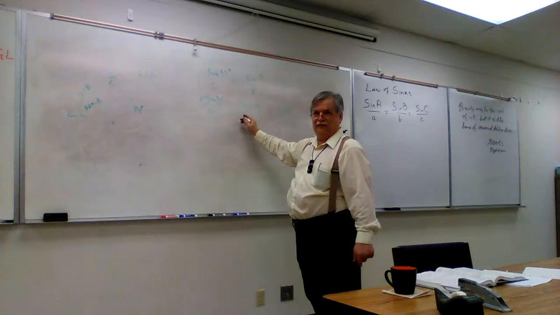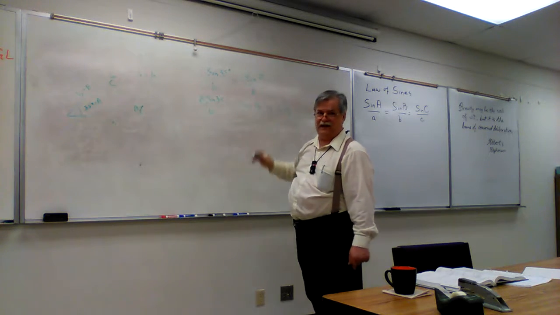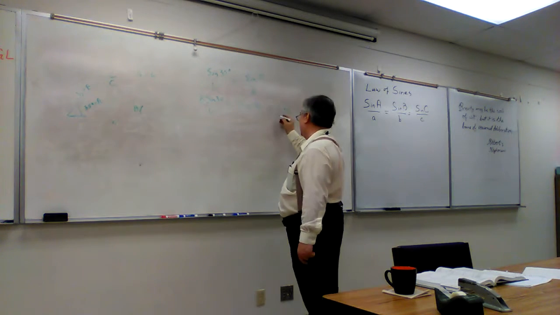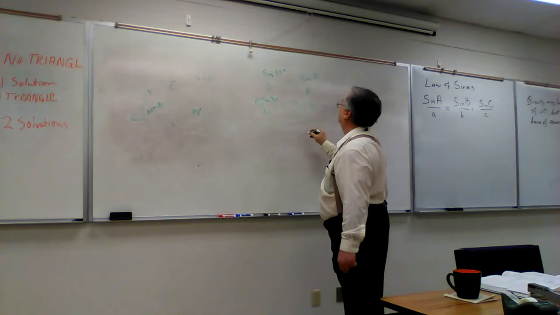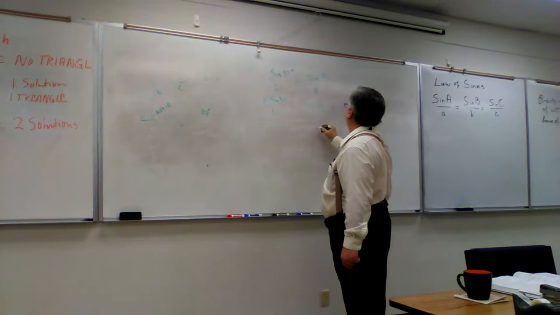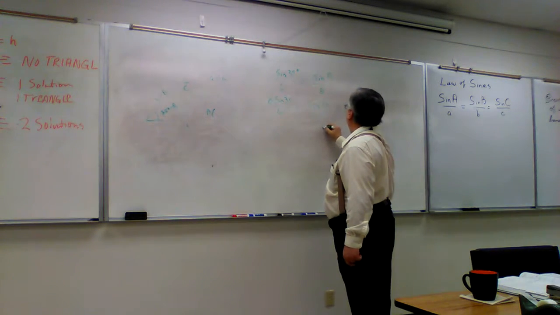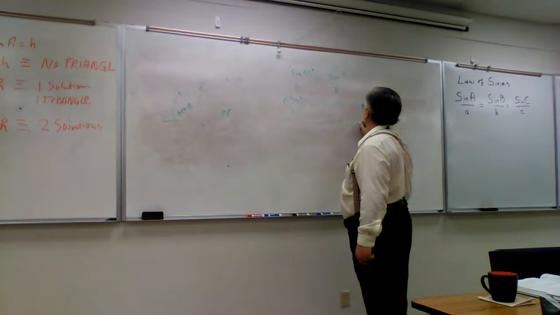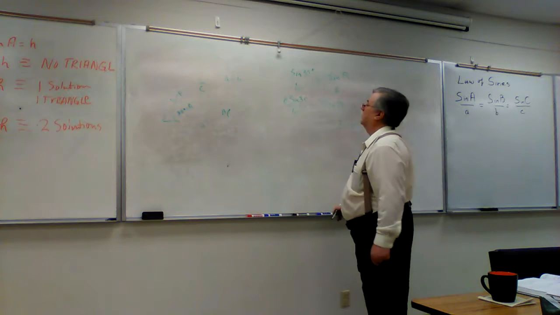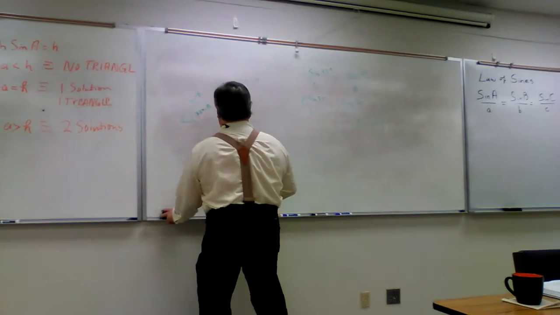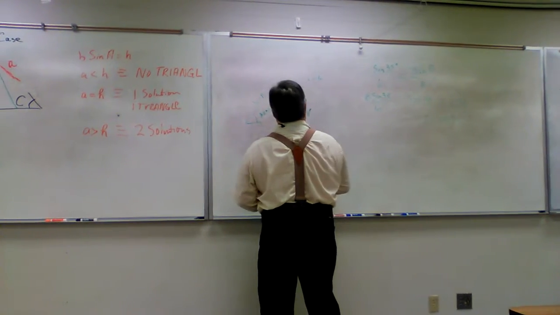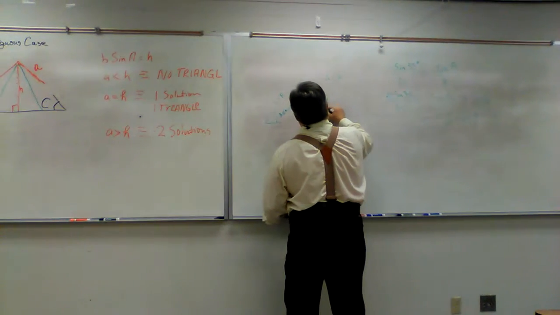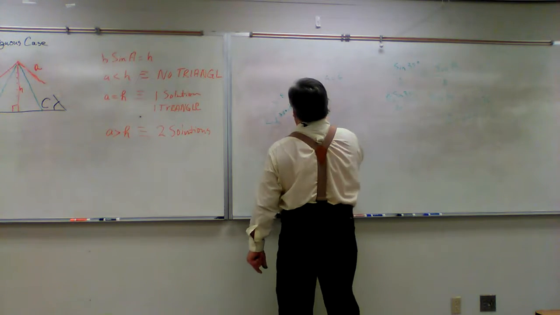This is the sine of the angle B. So we need the inverse sine of this to give us the angle B. Okay, so this would be 49.9 degrees.